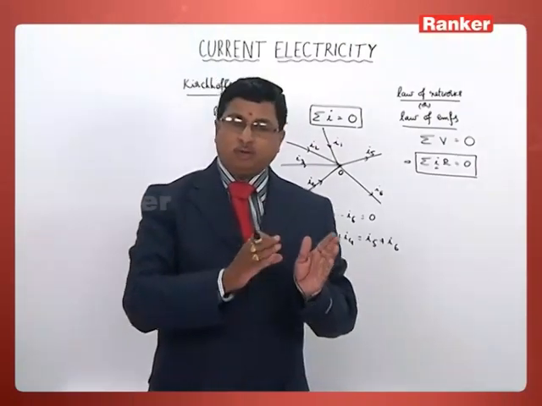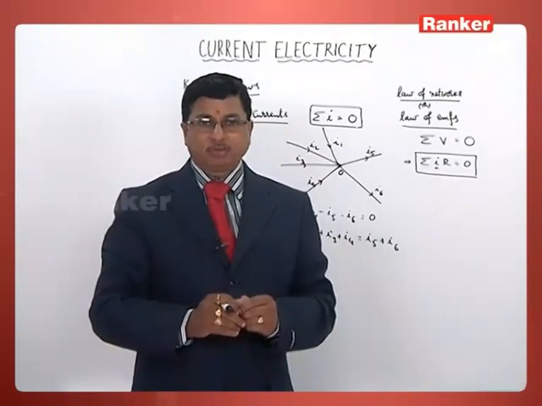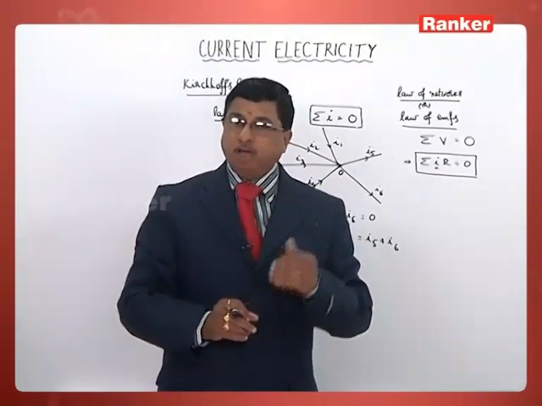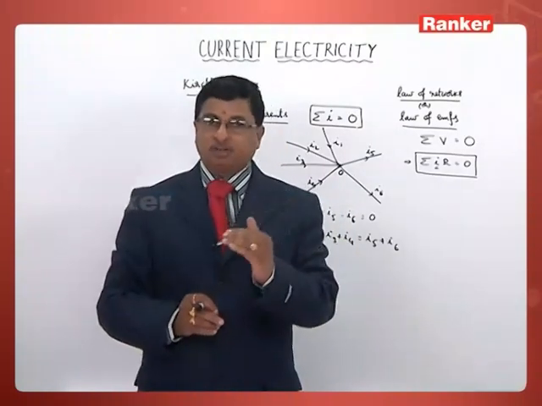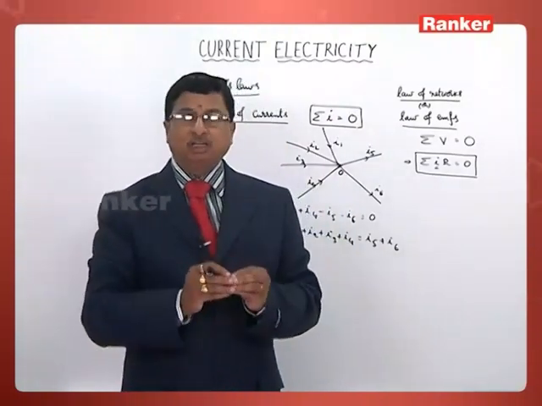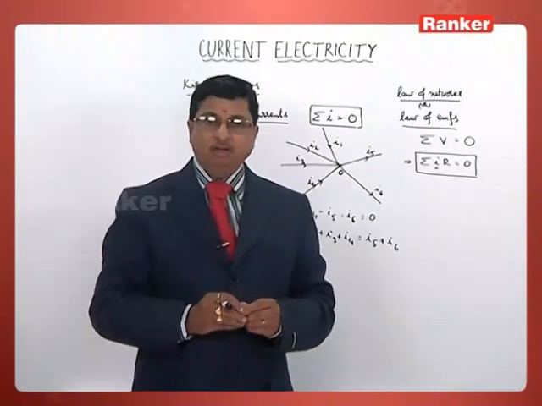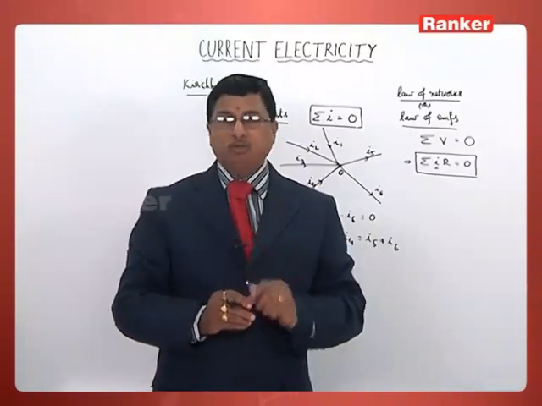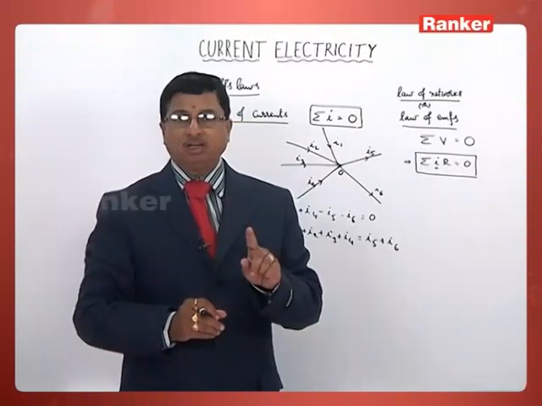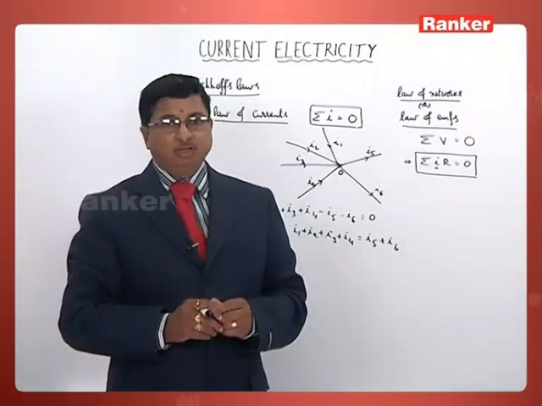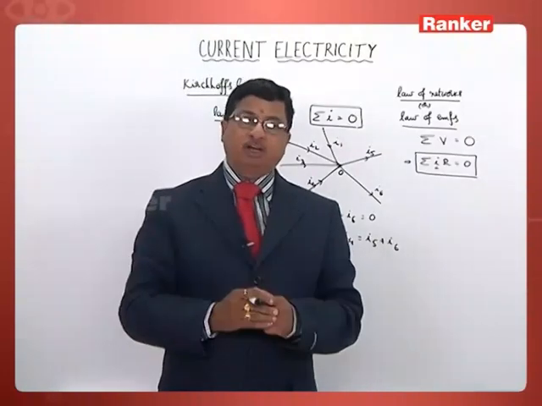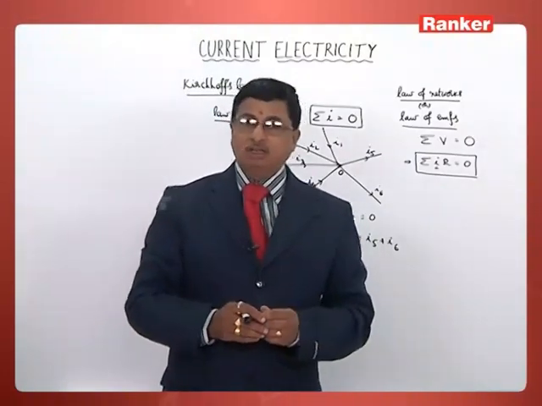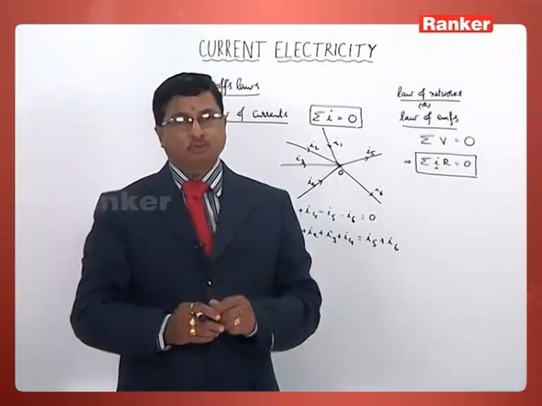When current is flowing in one direction in a circuit, and we are also traversing the network in the same direction as that of the current, then that current by convention will be taken with a negative sign. If we move against the direction of current, then we consider that current as positive.